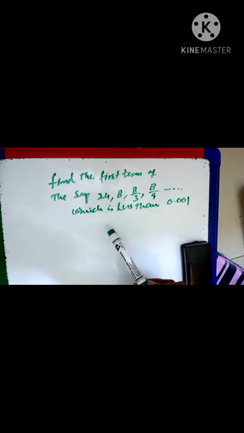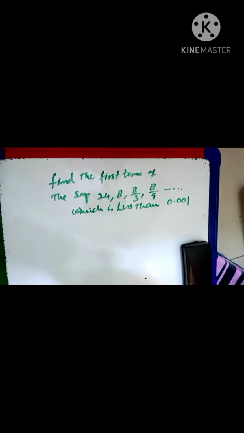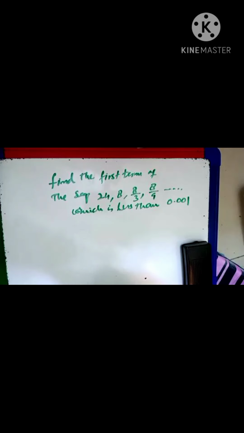And when it reaches 0.001, so what will be the first term of this sequence? Is 24 the second term? I don't know whether 24 is the second term or what. If it is given, then it will be very easy.